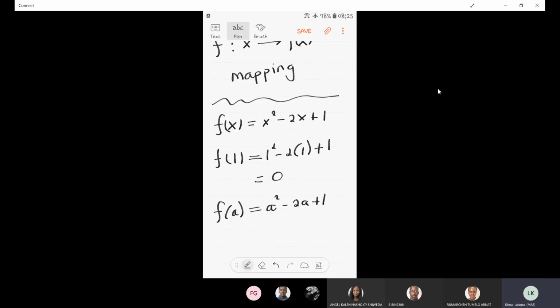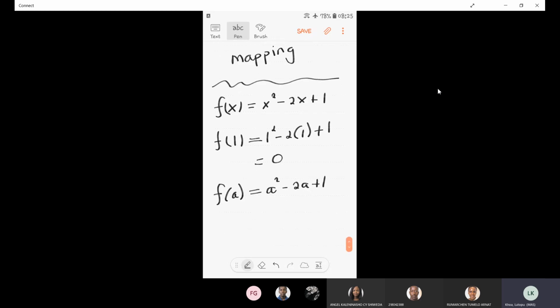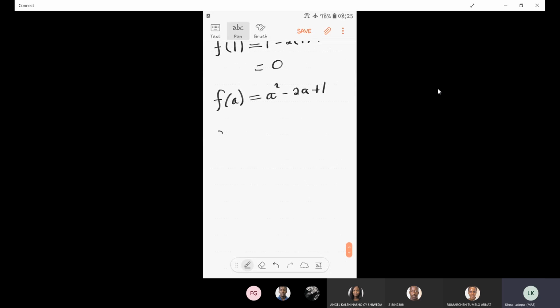Okay, then you could also put in longer expressions, not just single variables. So you could have f of x plus h. It does exactly the same thing regardless of whatever it is you put in. So this is x plus h squared minus 2 times x plus h plus 1. And then we simplify this one.